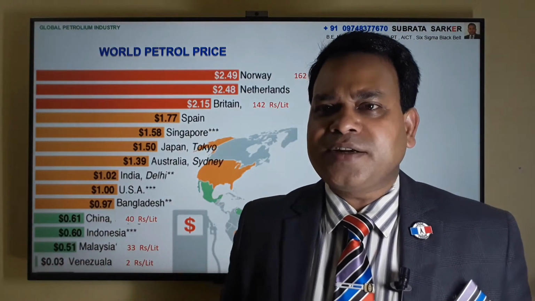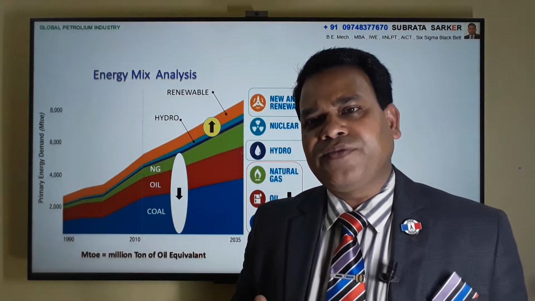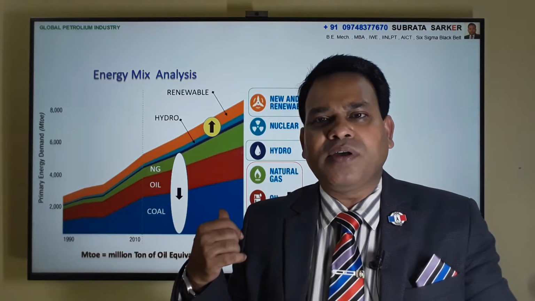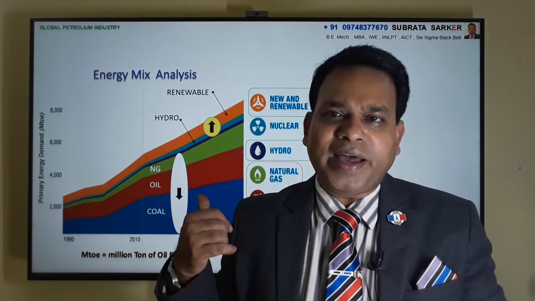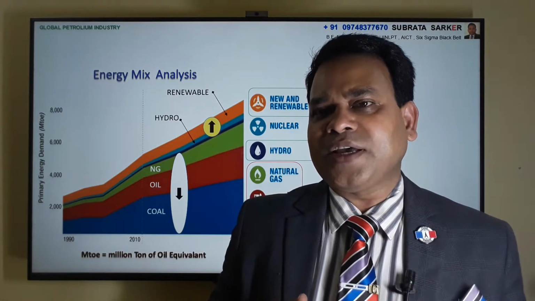Now, as I shared this energy mix graph, the first three items are coal, petroleum products, that is diesel and petrol mainly, and third is natural gas products.